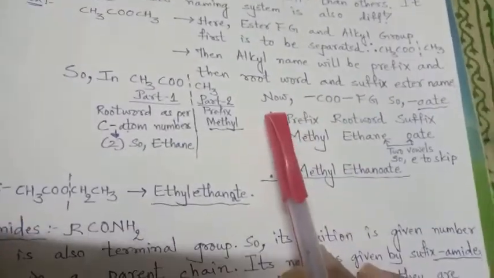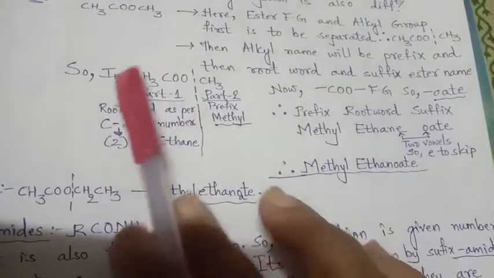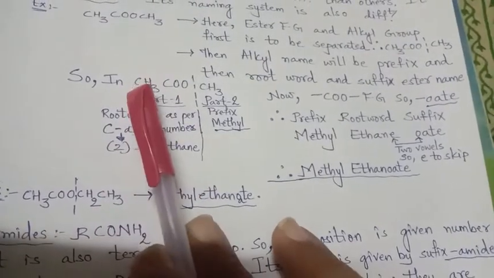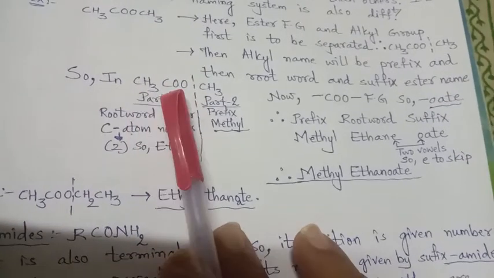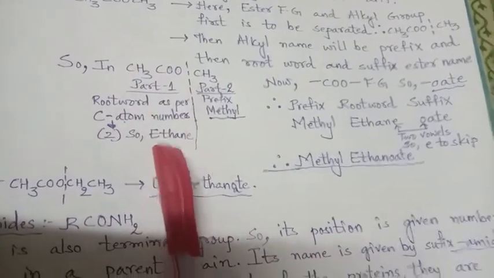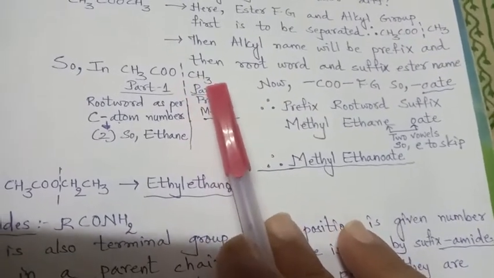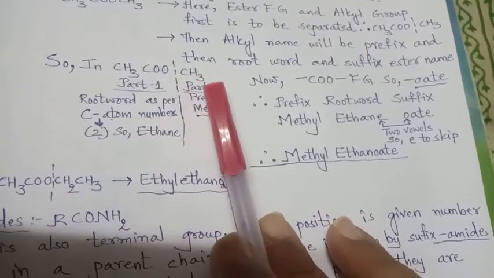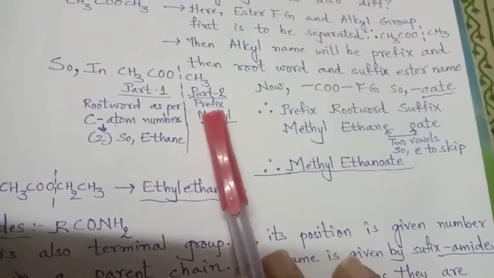So here what is C? In CH3 C double O, CH3, this is part 1. So root word is as per the carbon atoms. Here one carbon and one carbon of the ester group, so total 2 carbons. So it is ethane, right? And part 2 is the alkyl group, 1 hydrogen less than the alkane. So instead of CH4 methane, it is 1 hydrogen less, CH3, so methyl. It will take the prefix.